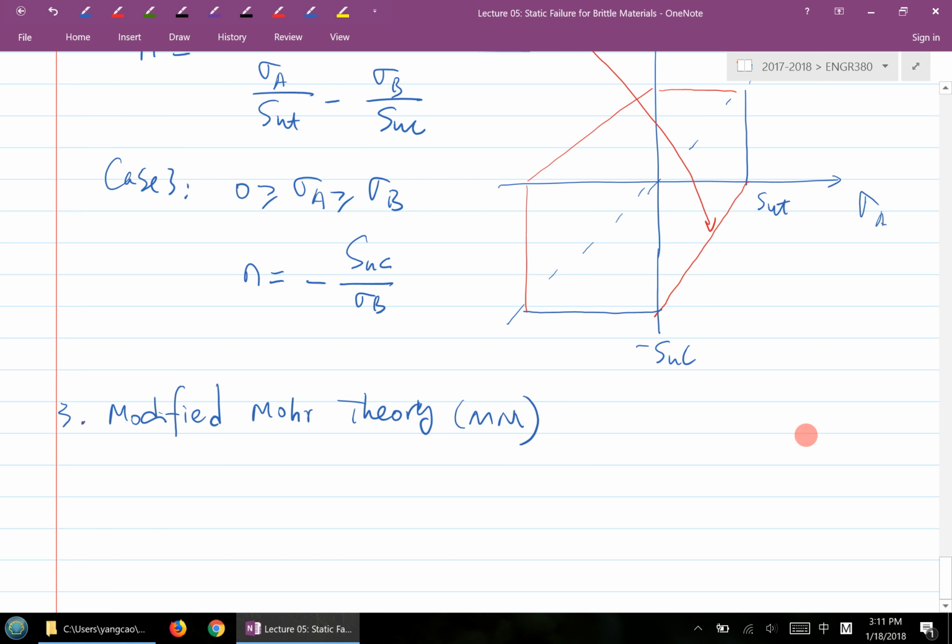Okay, so the modified mohr theory is based on an observation from experiments.